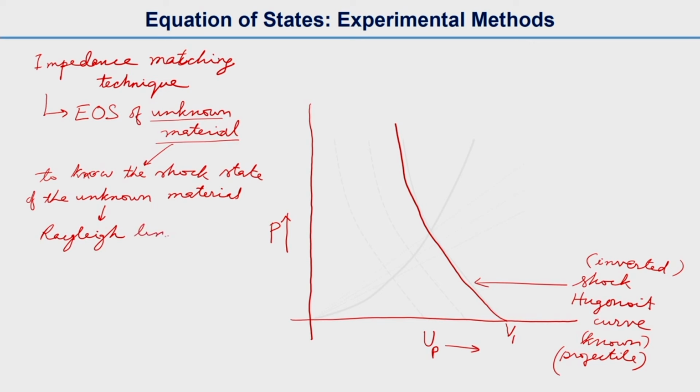So, we can draw one Rayleigh line which will have a slope of rho naught U_s.